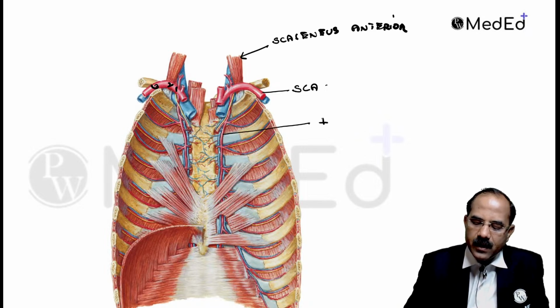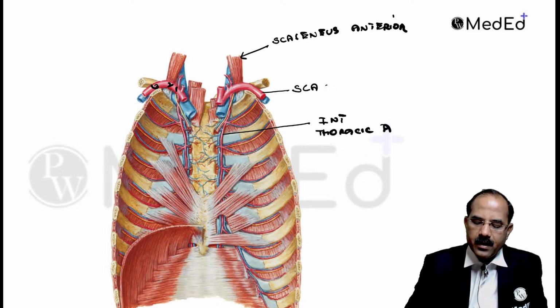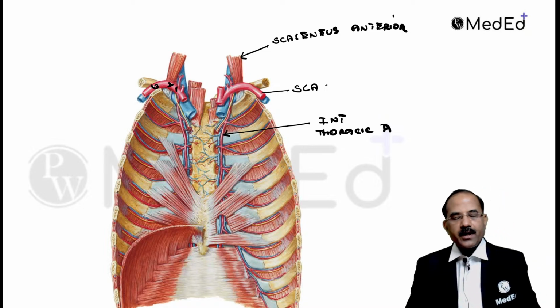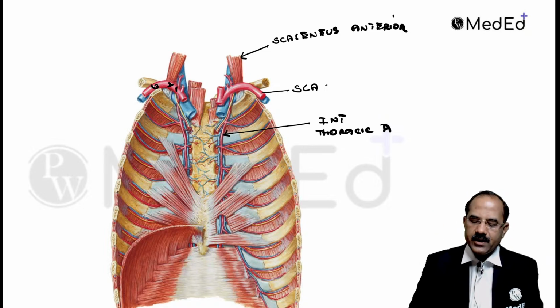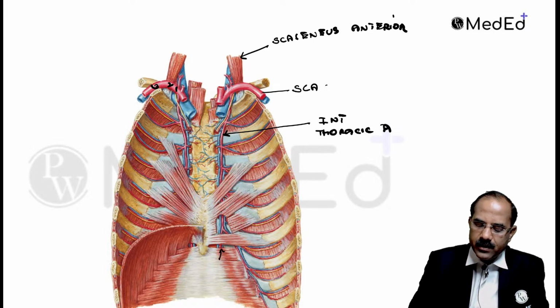So what is this artery? This is the internal thoracic artery. And what is this vein which accompanies the internal thoracic artery? That's the internal thoracic vein. And this internal thoracic artery ends into two arteries. What is this?